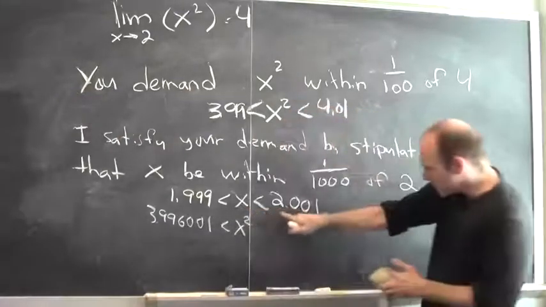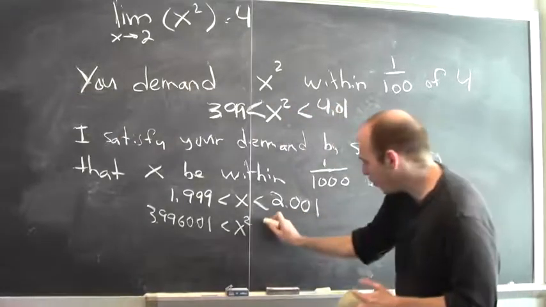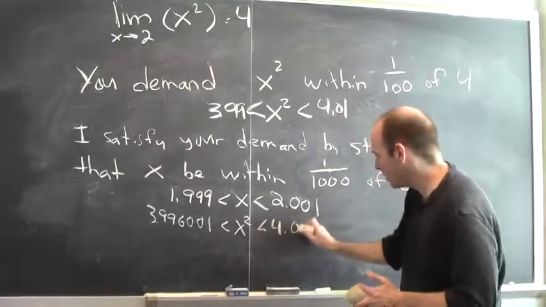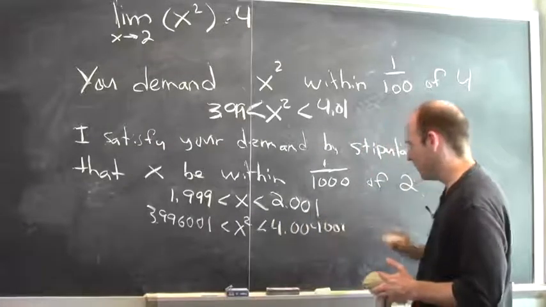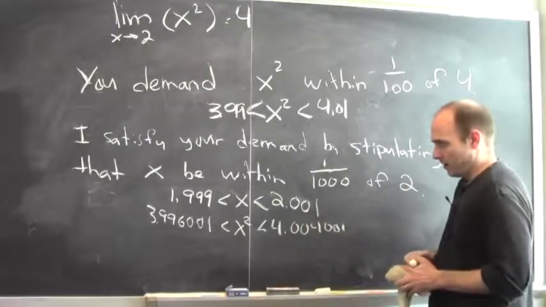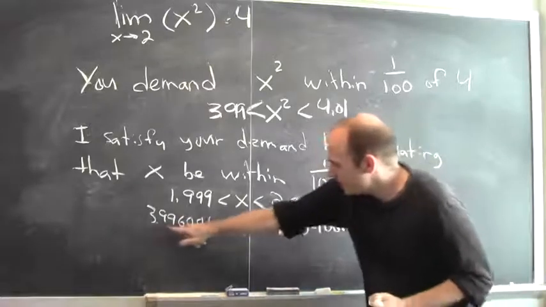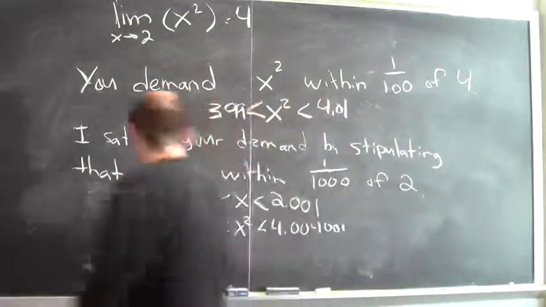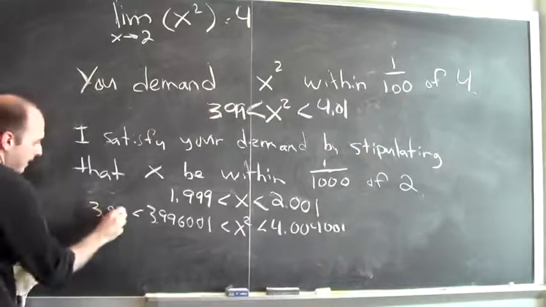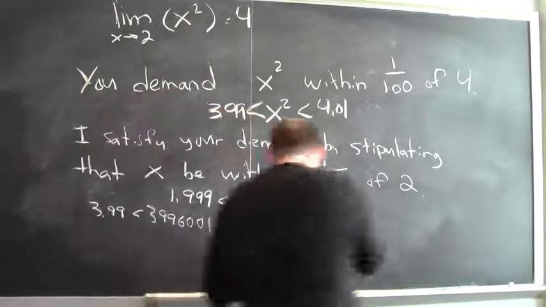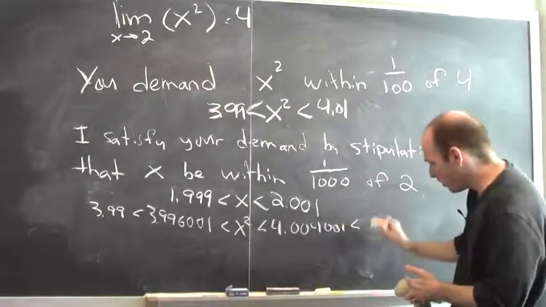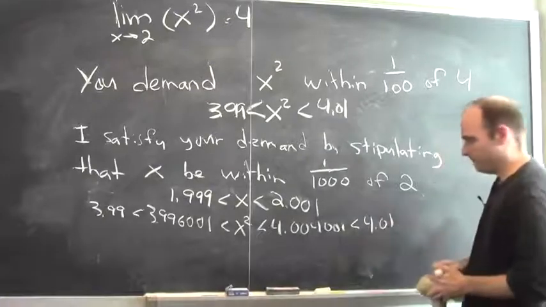And if x is less than 2.001, then x squared is less than 4.004001. Now look at these numbers. 3.996001 is bigger than 3.99. And 4.004001 is smaller than 4.01.